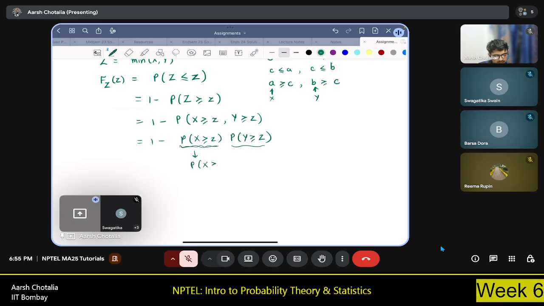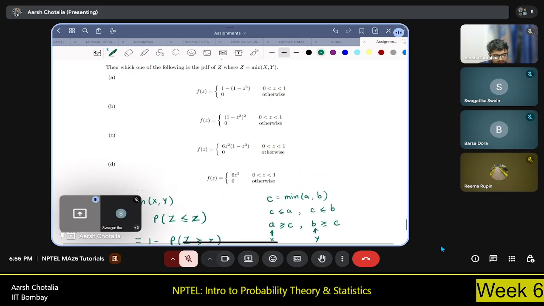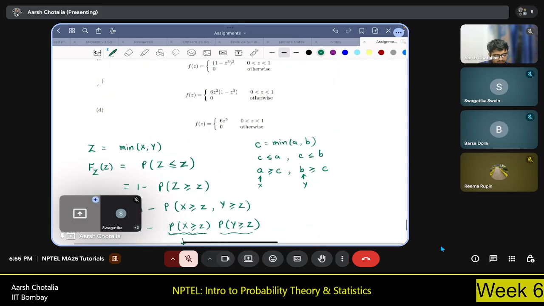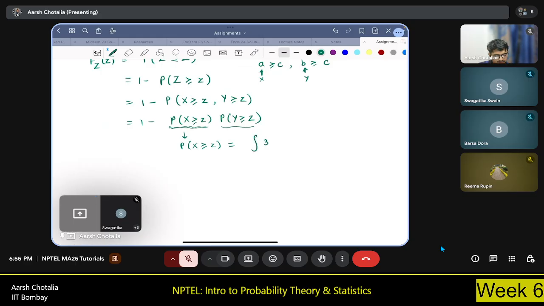Probability that X is greater than or equal to Z is simply given by the integral from z to 1, because the maximum it can take is 1, of 3x squared dx, which is x cubed from z to 1.